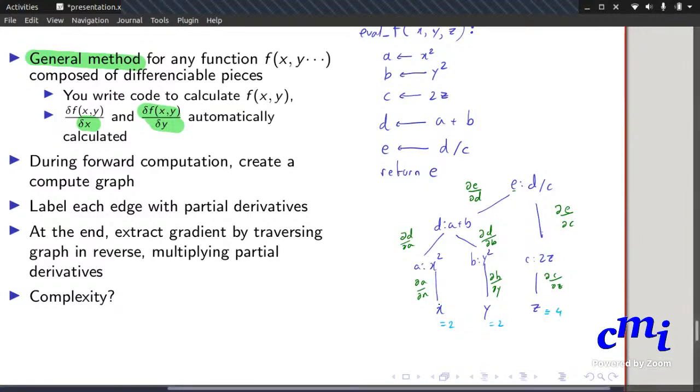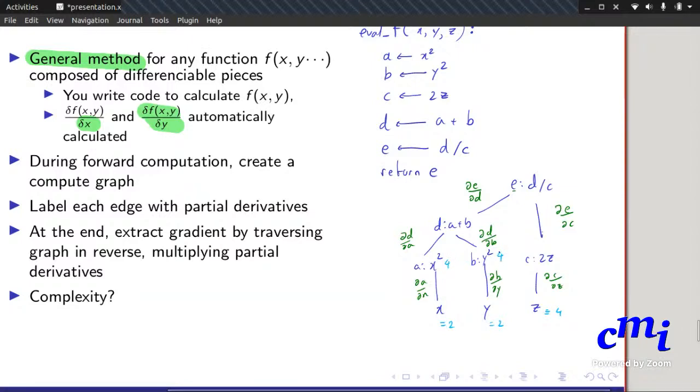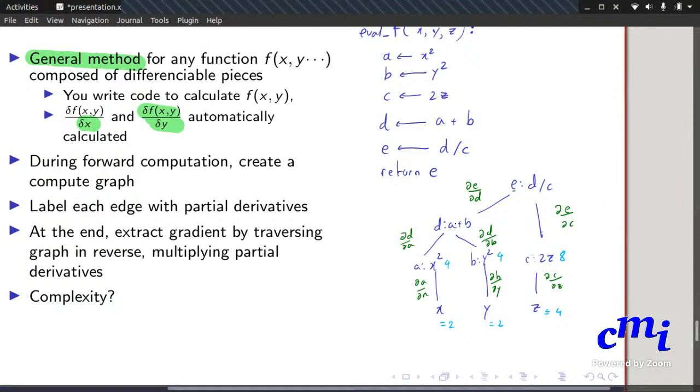Then you could go to each node and follow the expression in that node to calculate the value. So for example, a would get the value 4, b would also get the value 4, c gets 8, d gets 8, and then e gets 1. So we can follow this graph upwards and finally calculate that the value of f, the output that we want, is 1. This is nothing but just running the code.